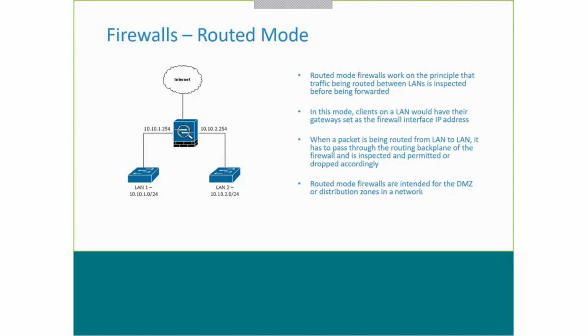I suppose in a way it's perhaps one of the easier ones to configure as well. We've got clear boundaries between networks. And in this scenario, you can imagine we might just have two interfaces, one going into the LAN 1 switch, another going into the LAN 2 switch. We've got a nice, easy setup there. And that's a very common scenario you'll see with a routed mode firewall.